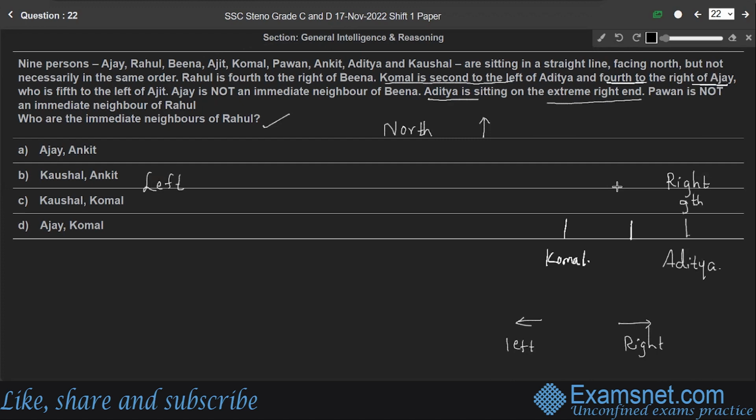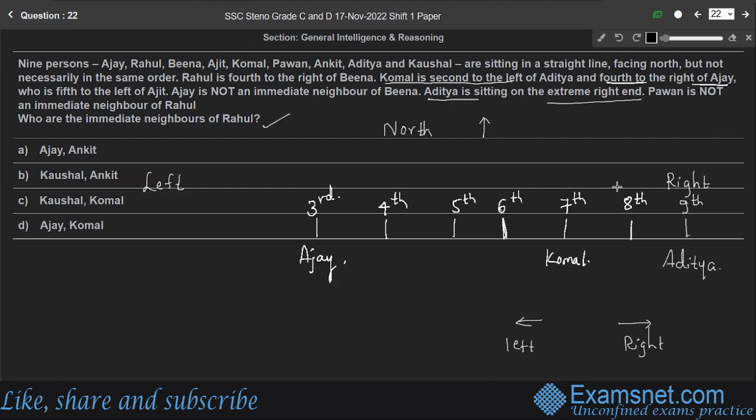So this person is fourth to the right of Ajay, means the third person to the right of Ajay is here, second person, first person to the right of Ajay, and Ajay will be sitting here. So if you consider their positions, this is 7th position, 6th position, 5th, 4th, and third person is Ajay.